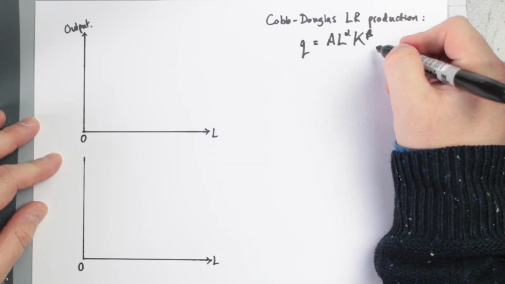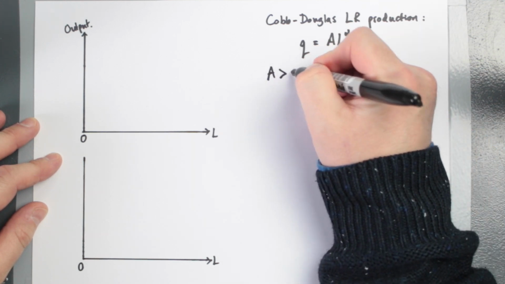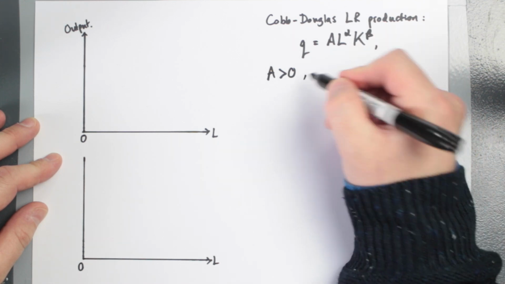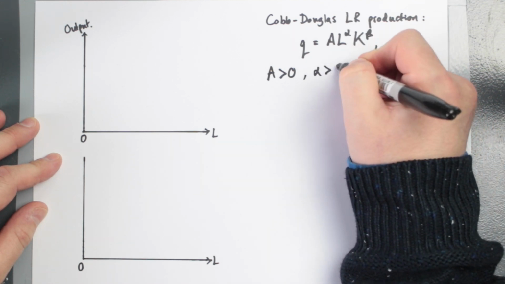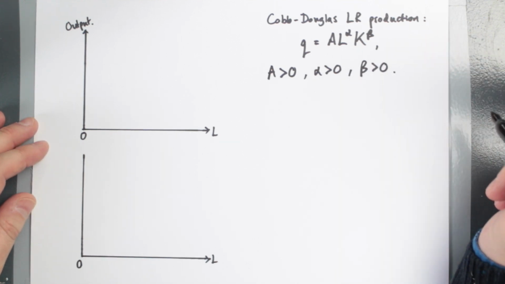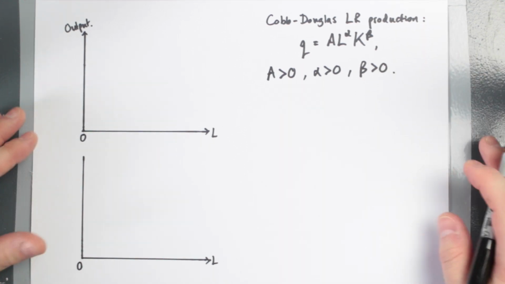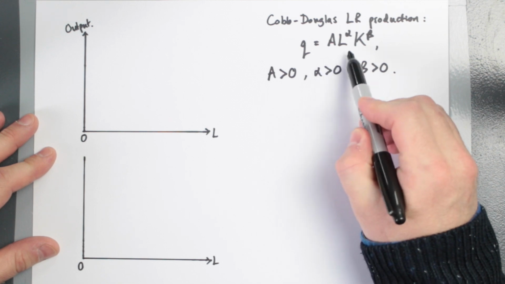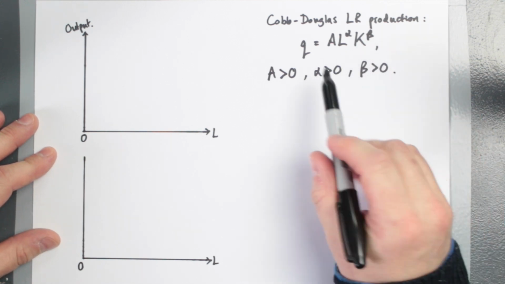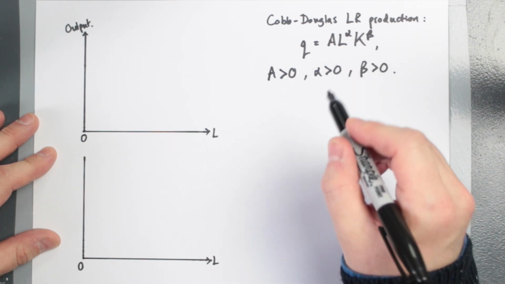Okay, so this is the Cobb-Douglas long-run production function where we're assuming that this constant A is strictly positive, and we're going to assume that alpha is strictly positive and beta is strictly positive as well. Okay? So this is the Cobb-Douglas long-run production function, where I'm thinking of it as a function of two variables, L and K.